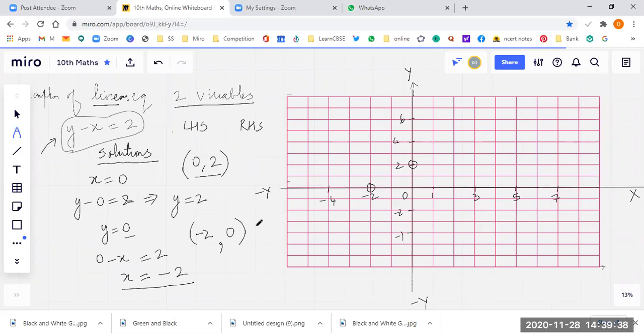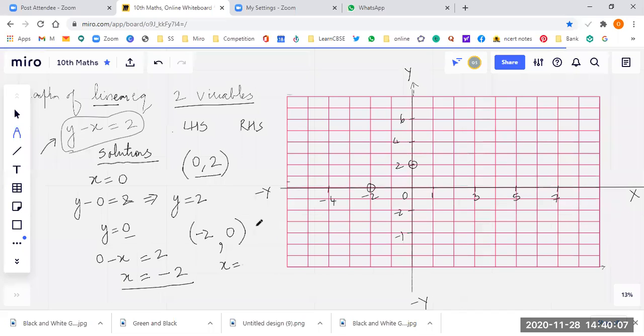Okay, 2 points. Now students, you can draw a line with the 2 points, but I will try to draw a third point also. In order to draw the third point, you can take any variable equal to anything. So please tell, x is equal to what should I take?